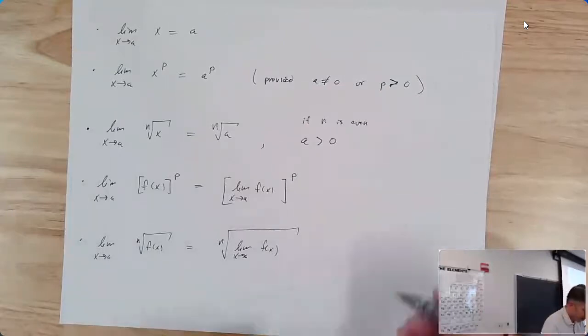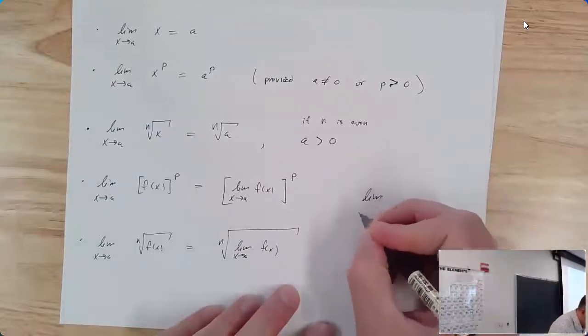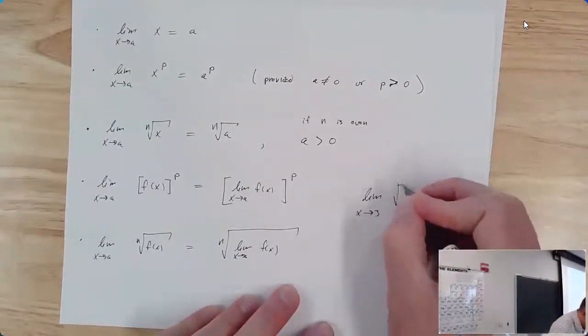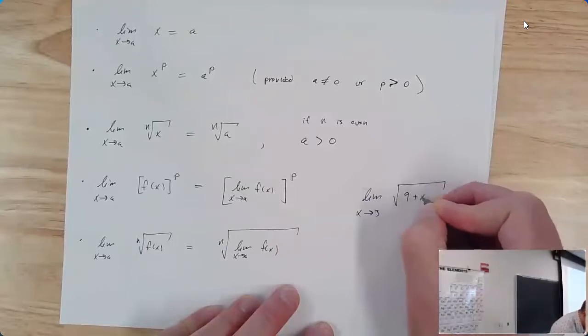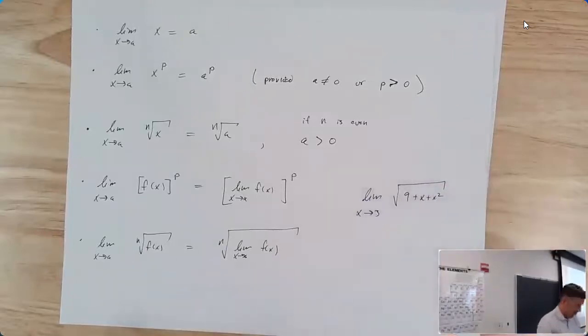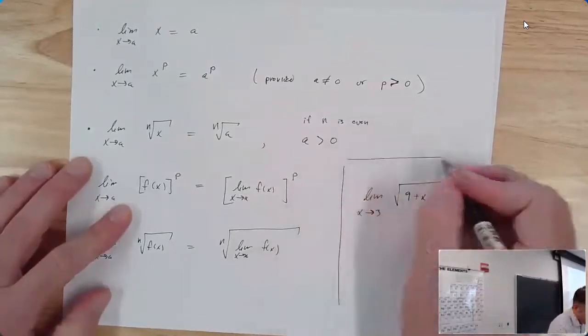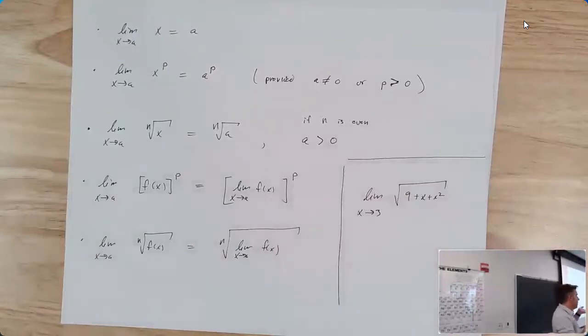So for example, if I'm trying to find the limit as x approaches 3 of the square root of 9 plus x squared, I'm not actually going to do it, but what I'm thinking is, oh, that limit can move inside. The limit of the inside part, 9 plus x squared, is just 9 plus 3 squared, and then my overall limit is the square root of that.